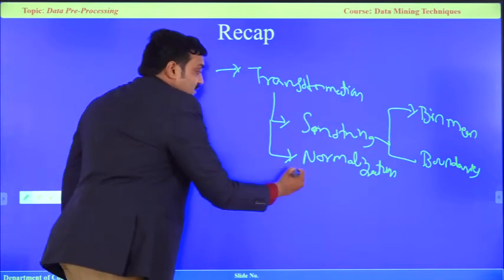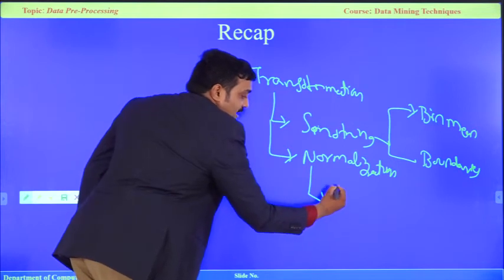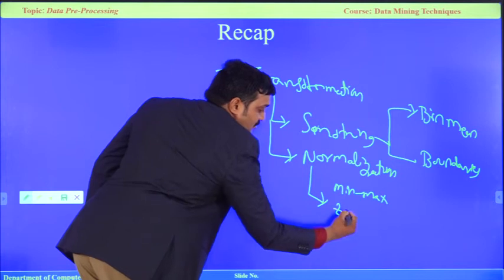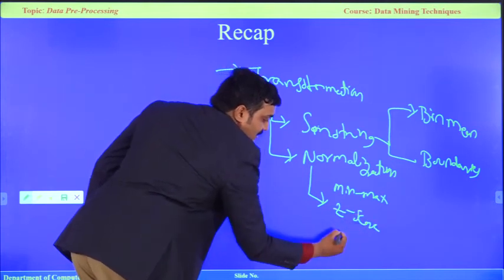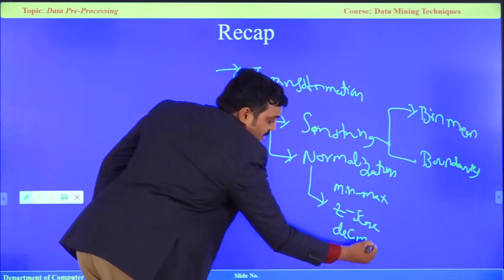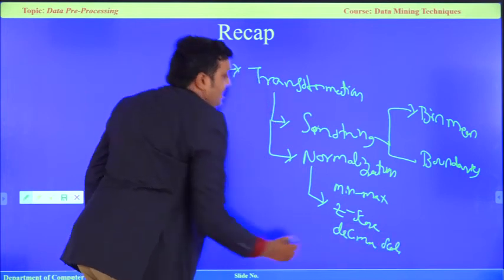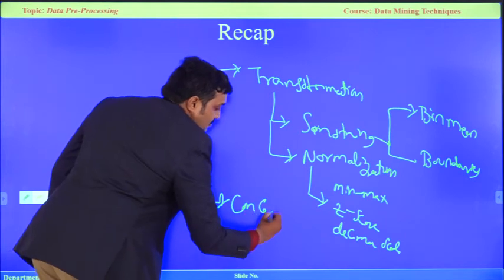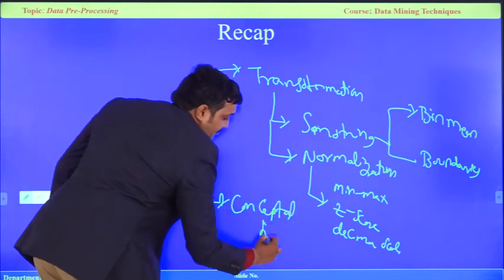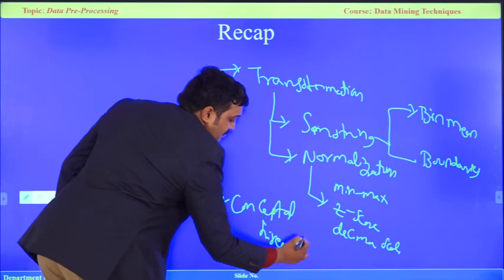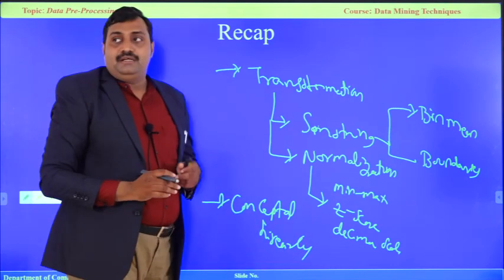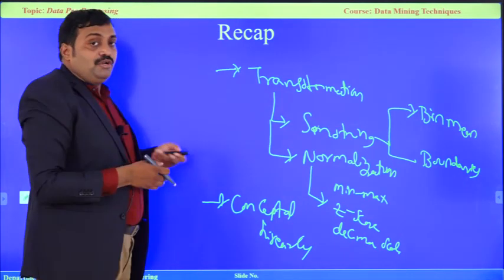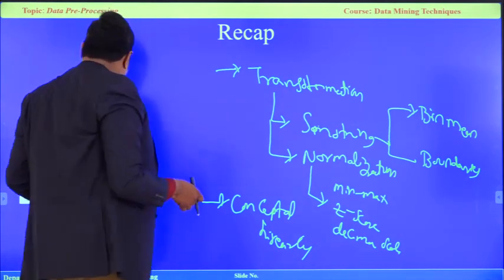And under normalization, to scale the data, we have min-max, z-score and decimal scaling. And finally we learned the conceptual hierarchy to do data discretization. This is what we learned today about data discretization.